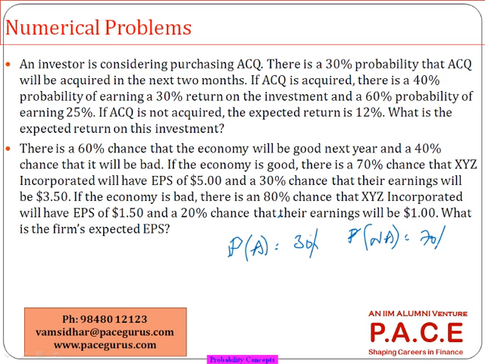If ACQ is acquired, there is a 40% probability of earning a 30% return on investment and a 60% probability of earning 25%. So if it is acquired, what is the earning for me?